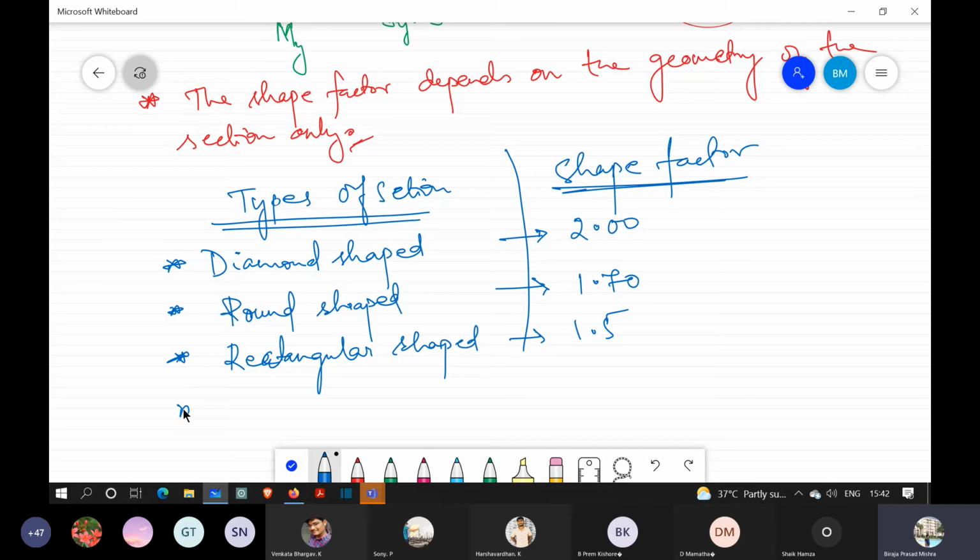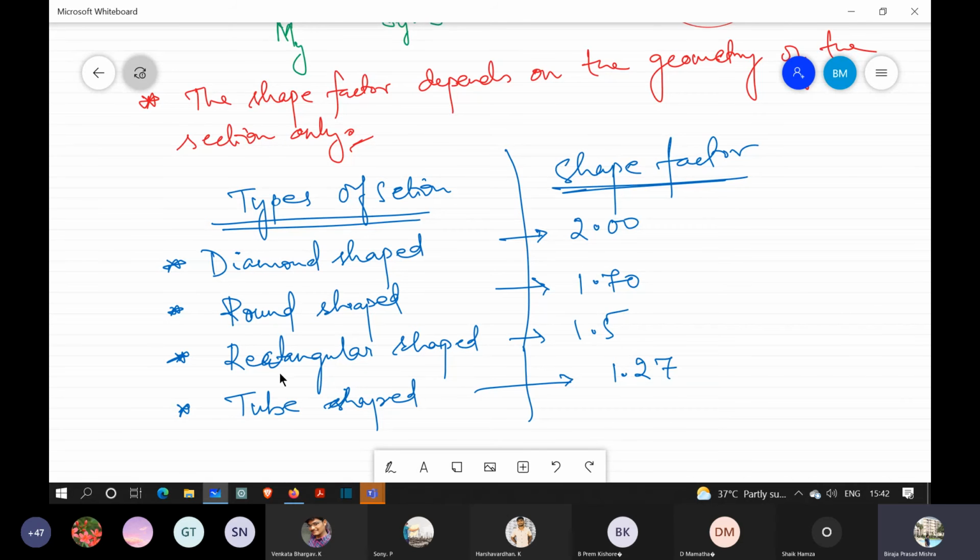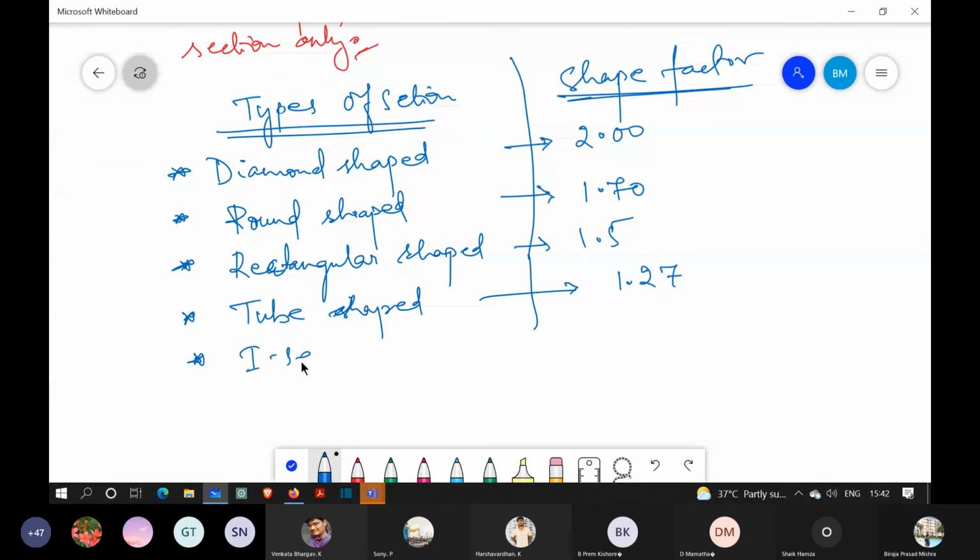Now if it is a tube shaped one, then it is 1.27, and if it is an I section, then the value varies from 1.12 to 1.20. Okay, is it fine? Is it clear now?